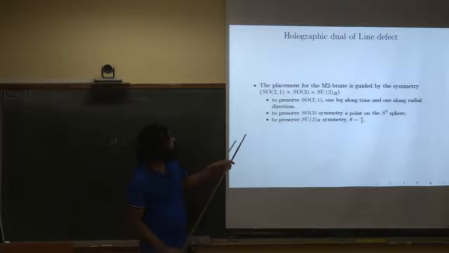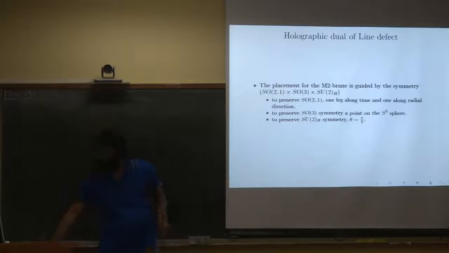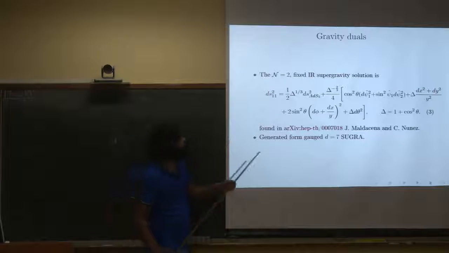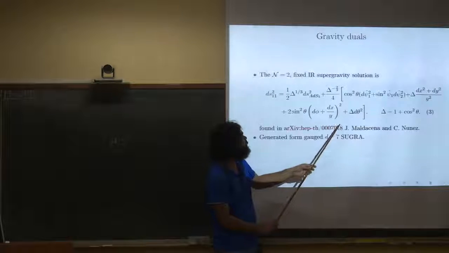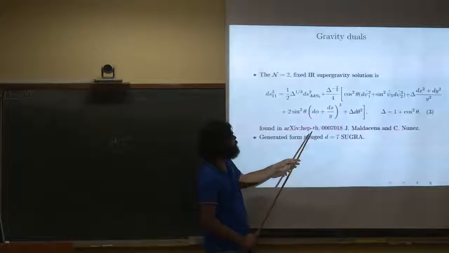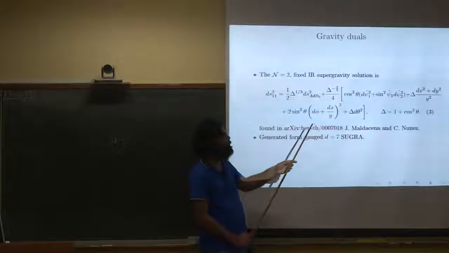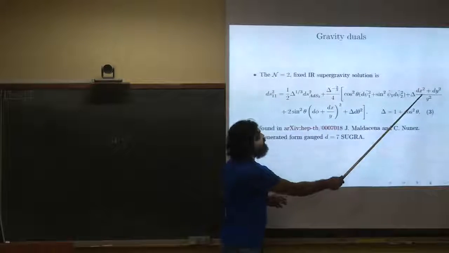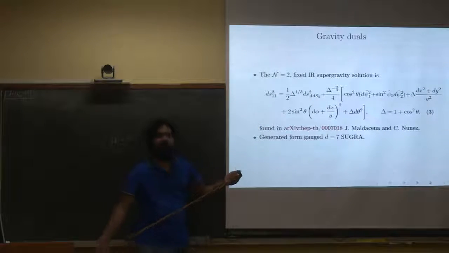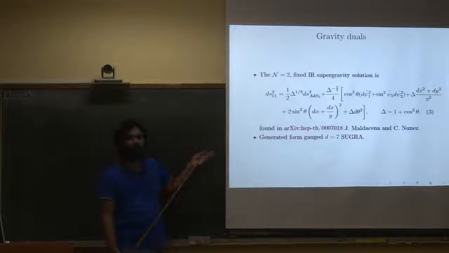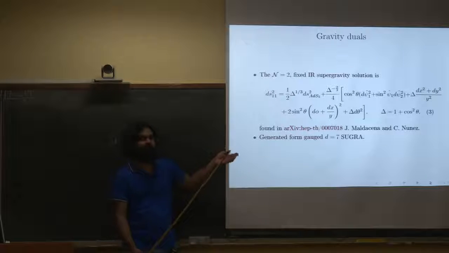So the idea again is to place the M2 brane in this 11-dimensional supergravity background, which, I should emphasize, Chris Beem and collaborators have shown is a fixed point. If you take a trivial solution of the flow, this metric doesn't change. It remains invariant. So this is the simplest solution with a static background under RG flow.